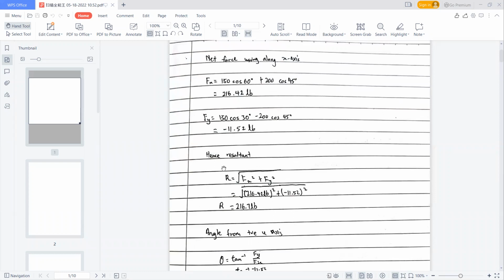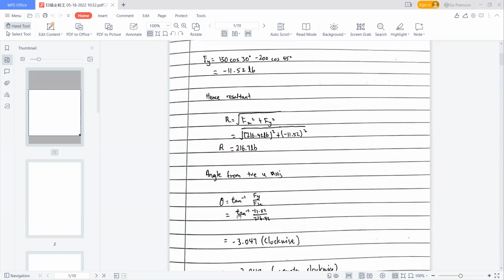So how do we get the resultant force? For the resultant force, we will use the formula R equal to the square root of the net force along the x-axis squared plus the square of the net force along the y-axis. So we substitute the net force along the x-axis and the net force along the y-axis, and we will get the answer, which is 216.7.